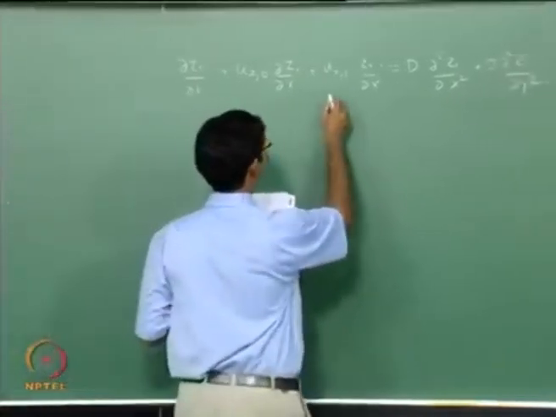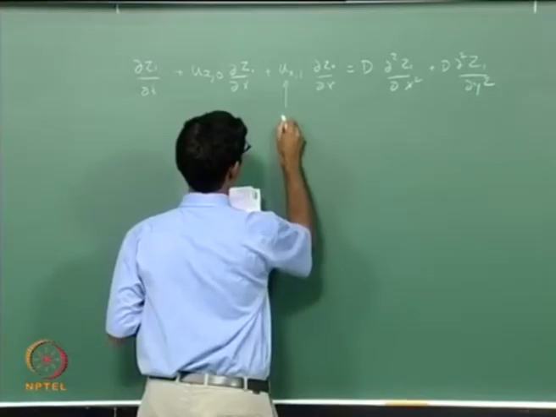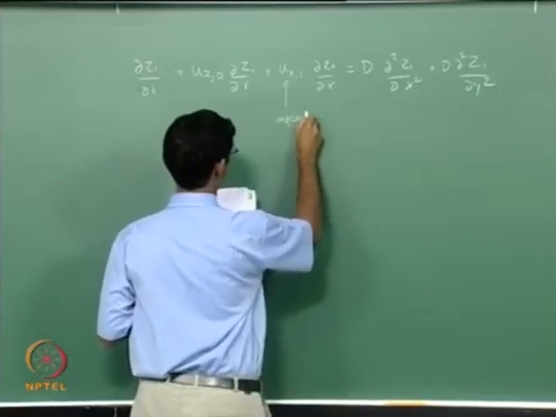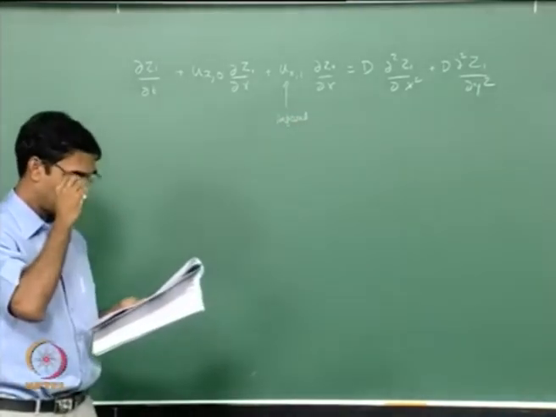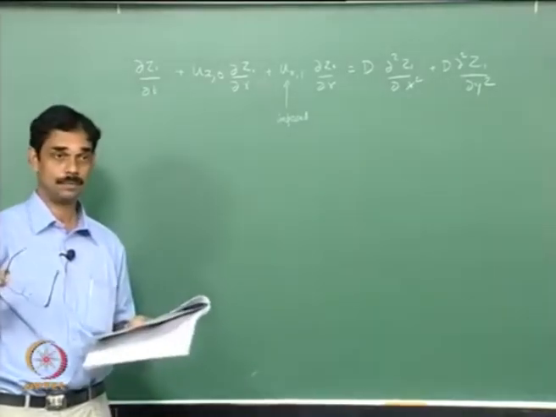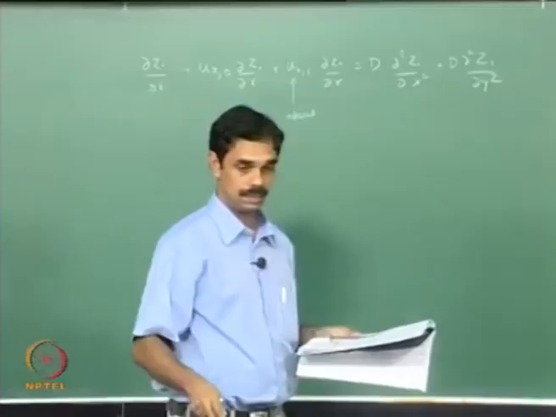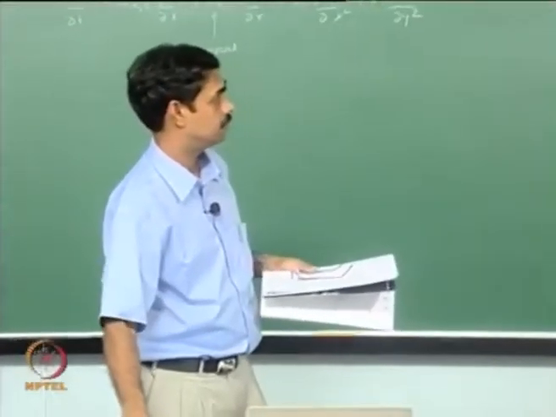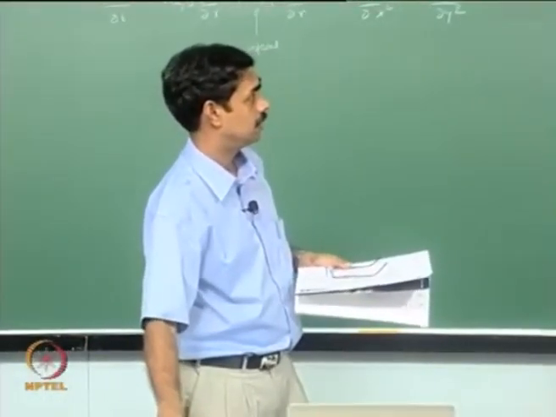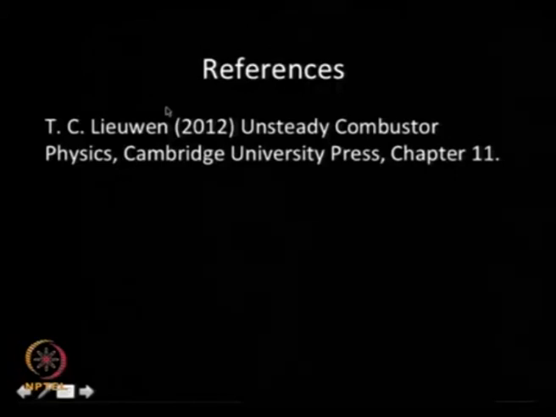This is imposed. So we will say u is u hat e power minus I omega t, following the convention of Leuven. We are following the analysis from this textbook, Unsteady Combustor Physics of T. Leuven, and that is what we are following.